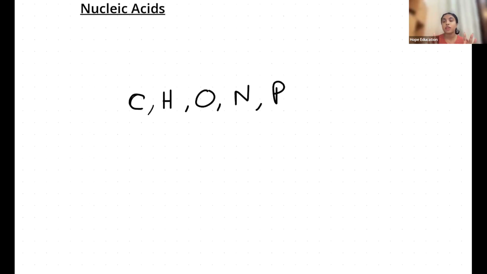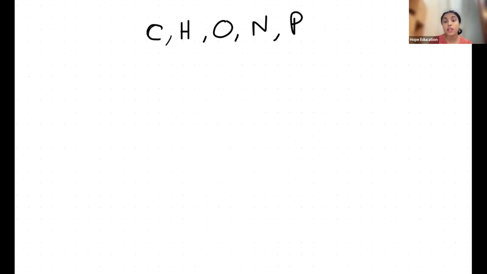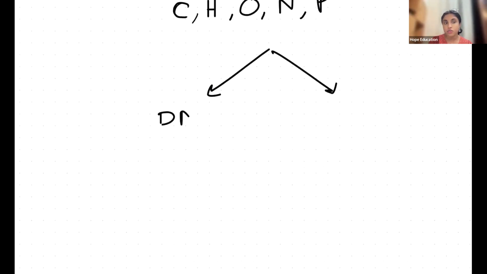So nucleic acids are like a long chain, okay? Just like how proteins are made up of amino acids, nucleic acids are made up of something called nucleotides, right? There are two types of nucleic acids. One is called DNA, which means deoxyribonucleic acid.